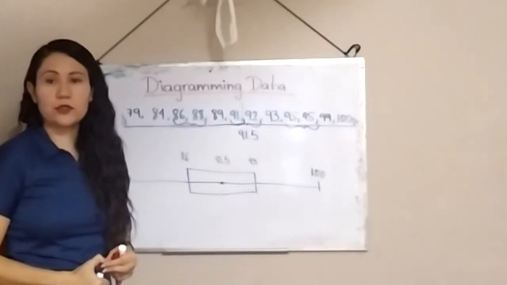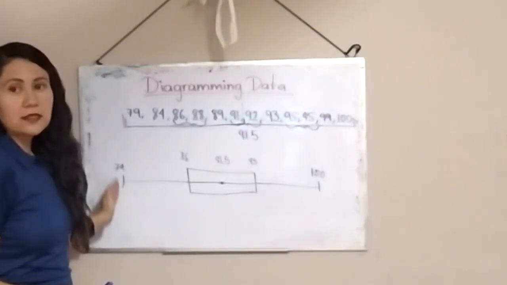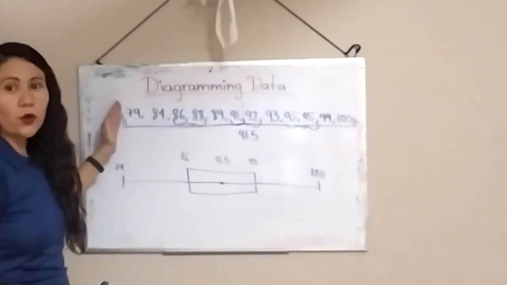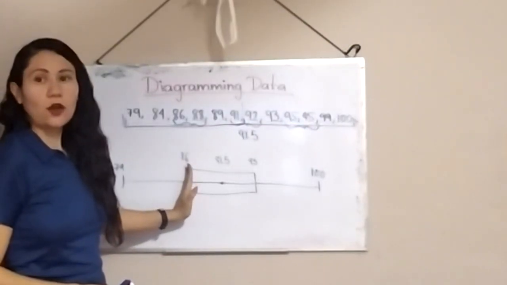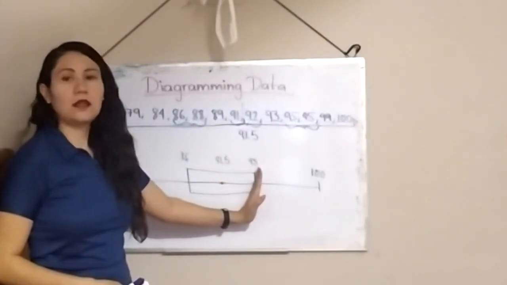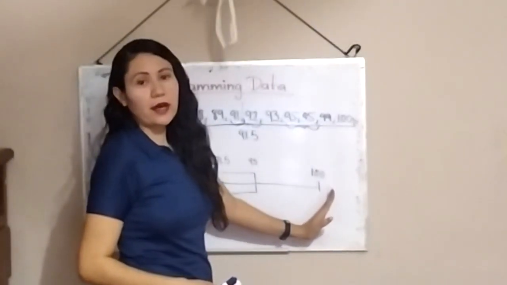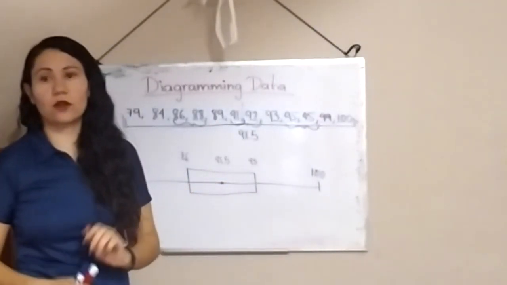It's very simple to do this type of diagram. The first data is the first or the lowest score, then we have the lower quartile, then the middle quartile, next we have the upper quartile, and lastly we have the greatest value of all of the data.